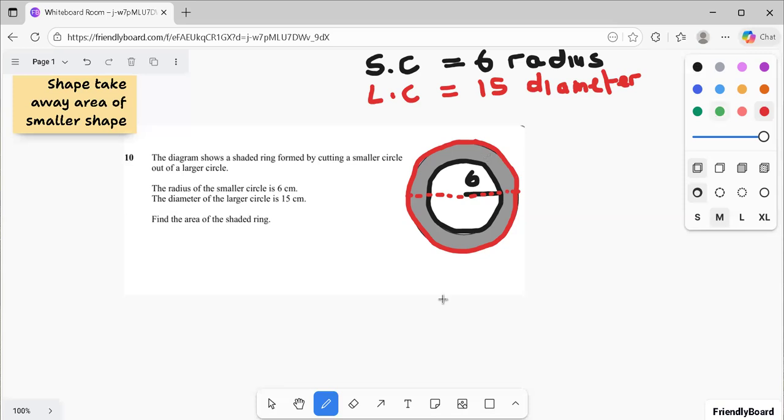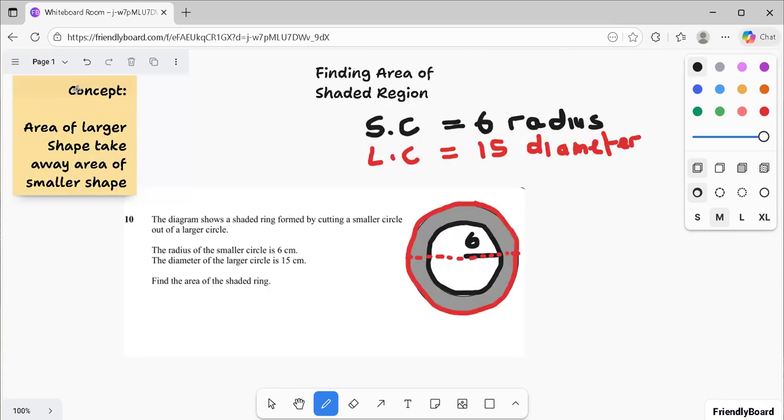Okay, so they say find the area of the shaded ring. So that's when the concept comes into play. That's the concept that I'm going to be applying, which is area of the larger shape, take away the area of the smaller shape.